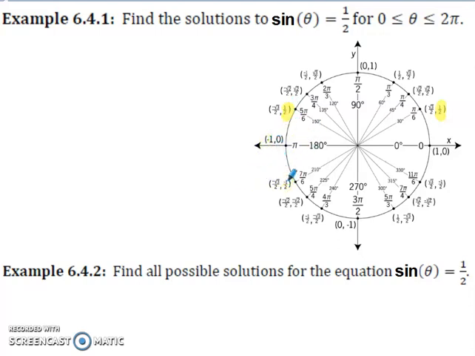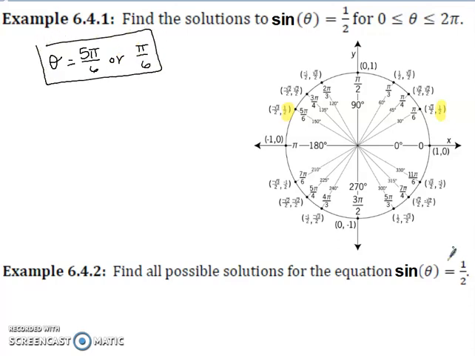Then continuing around my unit circle, I do see a y value of 1/2, but it is negative in the third quadrant, and I'm looking for positive 1/2, and same thing in the fourth quadrant. So on the interval from 0 to 2 pi, I see two places where my sine value is 1/2, and that is where theta is equal to 5 pi over 6, or theta is equal to pi over 6.